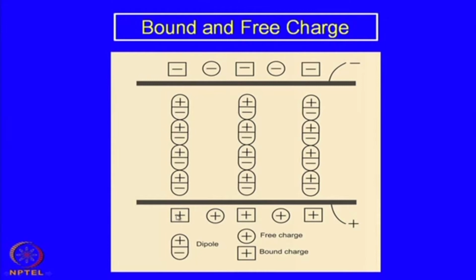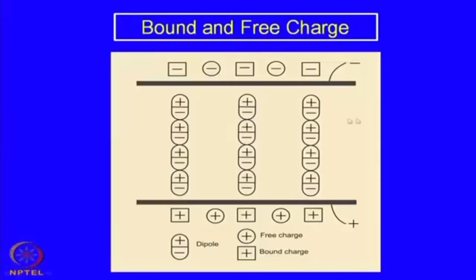So, that way there will be realignment of positive and negative charges, and each of them forms a dipole, that means a positive and negative charge separated by a distance. As a result of the application of the electric field, you are generating dipoles within the insulator, and these dipoles are binding some charges on the surface of the electrodes.